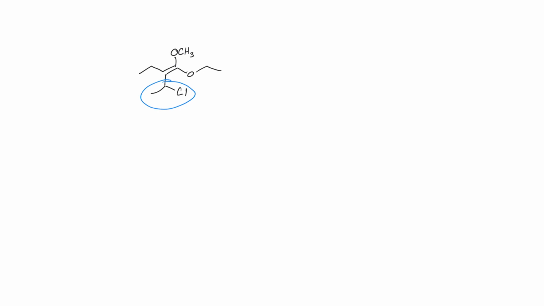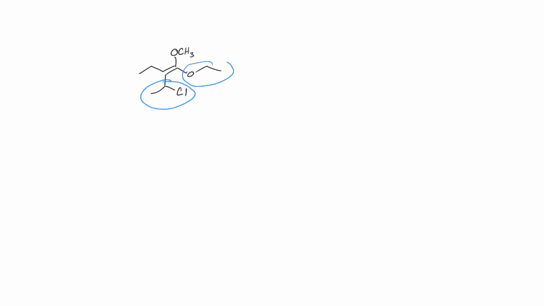Which of those do you think is higher priority? Well, the O's are the same, so we're going to go further along the chain, just like we would for R and S. Now we have a carbon from a methyl group, a carbon from an ethyl group. Those are also the same, but I think as you're getting the picture here, the methyl is not going to be higher priority than the ethyl. So the longer chain in this case is going to be highest priority.